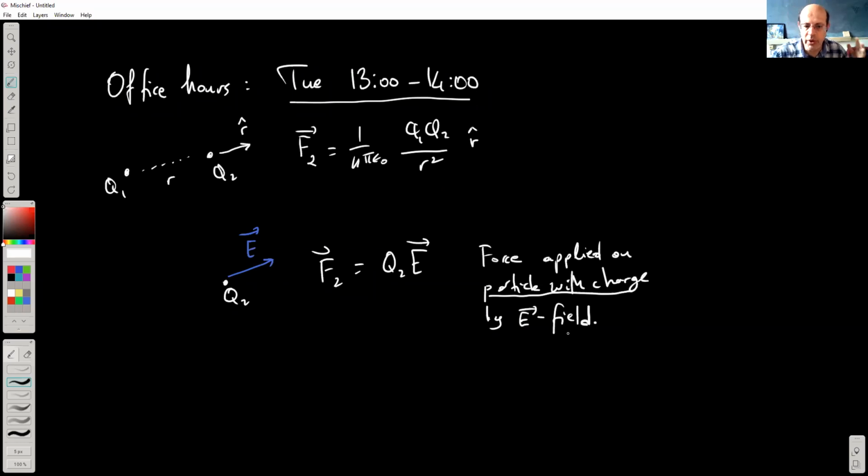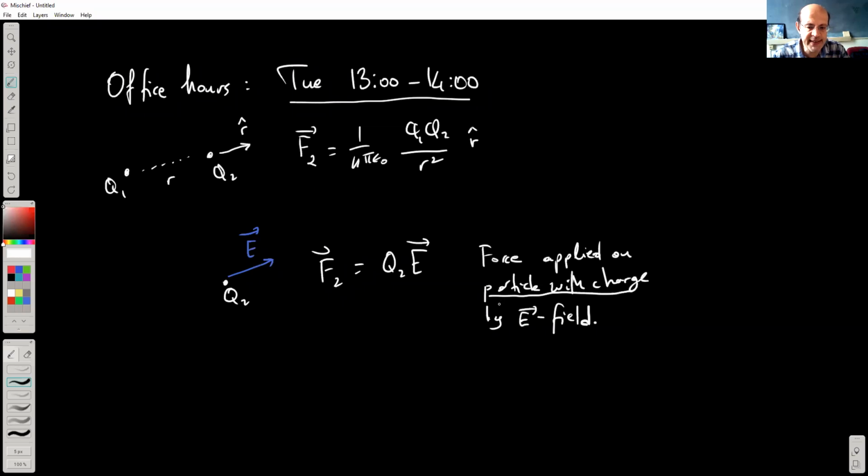We have said that it's not actually possible for two charges to directly interact with each other. Actually, the charge is interacting with the field itself, the electric field. And what's the nature of that interaction? First of all, the electric field applies a force on charged particles.